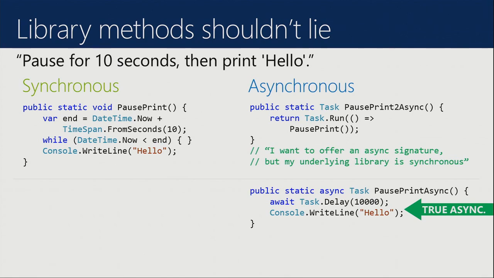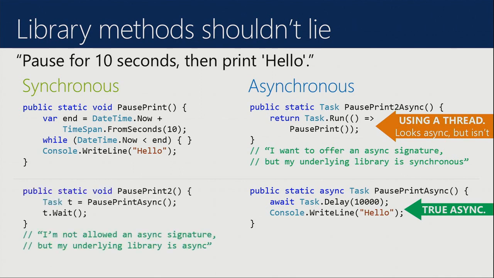So we're really using the thread pool here. You're spinning threads in order to appear async. It looks async, but it isn't really, because someone is still doing work. So it's not IO bound, it's CPU bound. And that's pretty bad, and we'll get into why.